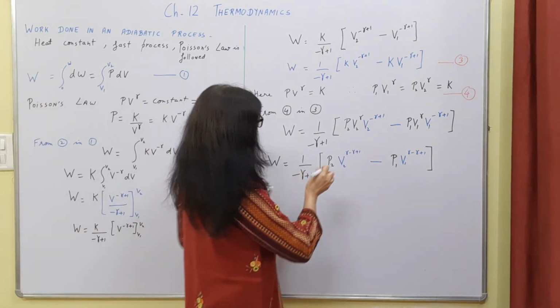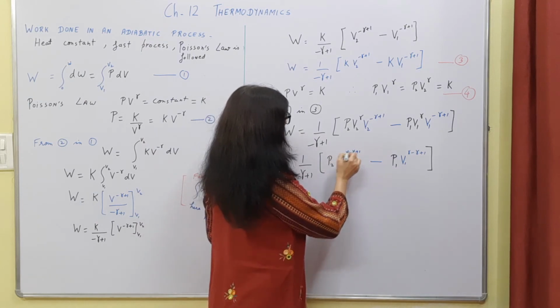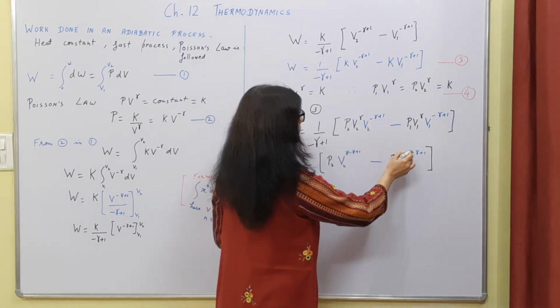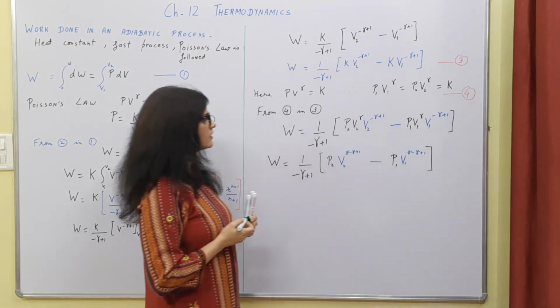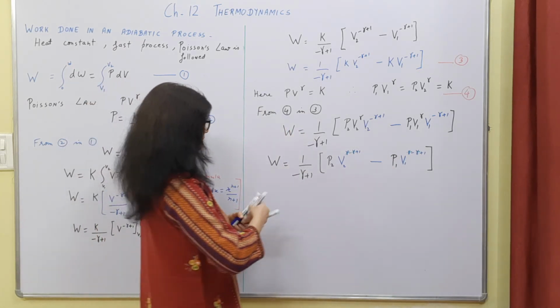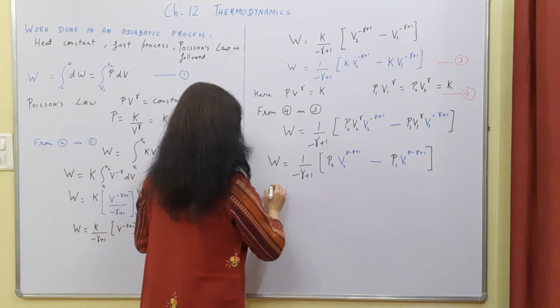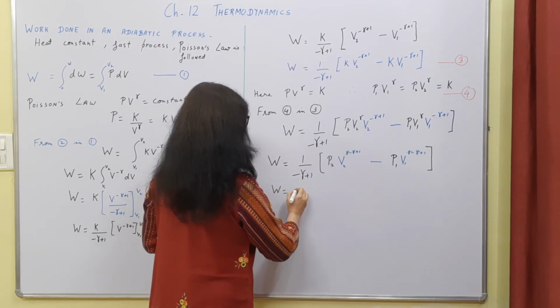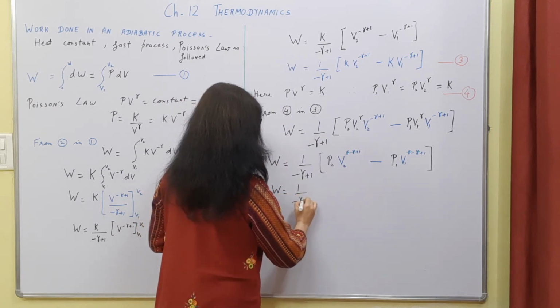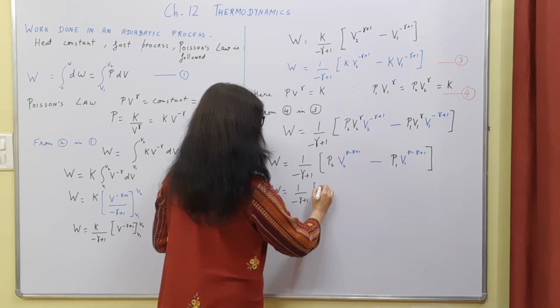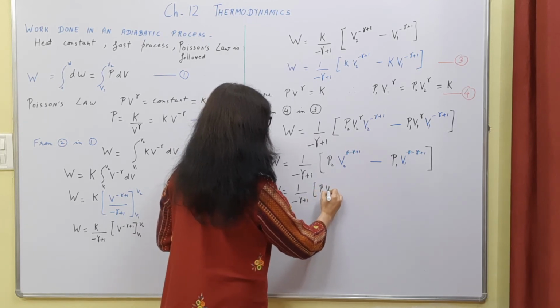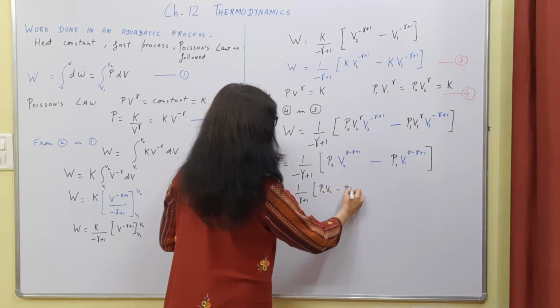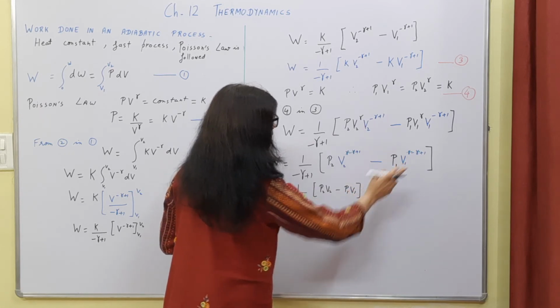Yes, it can be simplified. How? This gamma and this gamma will be cancelled. So what will remain? W is equal to 1 by minus gamma plus 1, here P2 V2 minus P1 V1. Right?